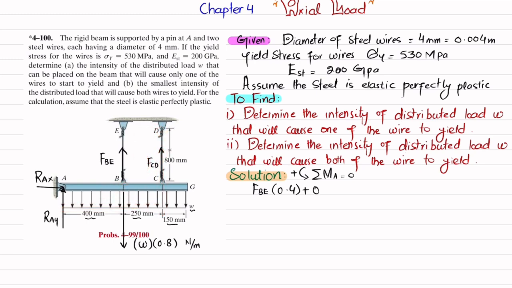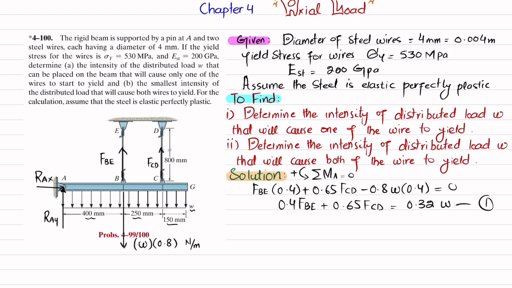So I will write plus 0.65 times FCD. The last moment is due to this load, and the perpendicular distance is 0.4 meter, and this is producing clockwise moment, so it will be negative. So I will write minus 0.8 W times 0.4 is equal to 0. So 0.4 times FBE plus 0.65 times FCD is equal to 0.32 times W, and this will be your equation number 1.